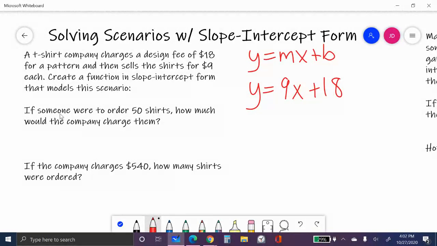All right. If someone were to order 50 shirts, how much would the company charge them? So since it's $9 per shirt, we have to plug in this 50 into our x to figure it out. And you could actually just use a calculator. 9 times 50 plus 18.